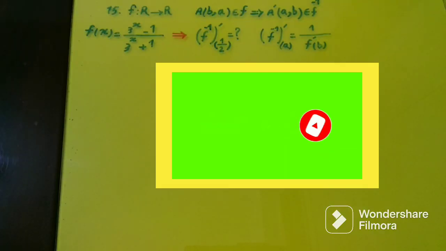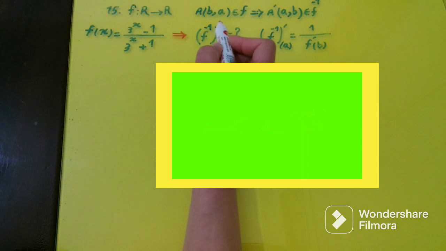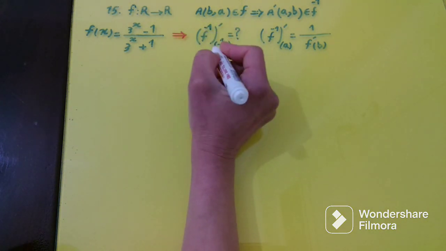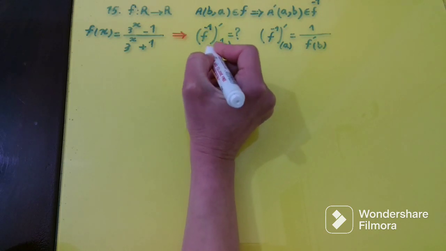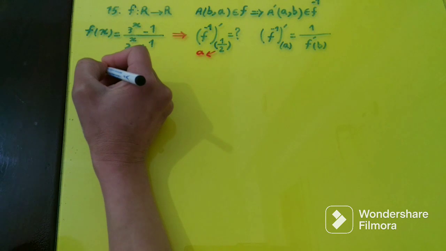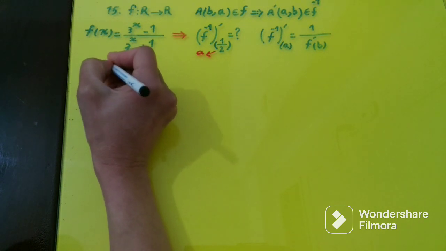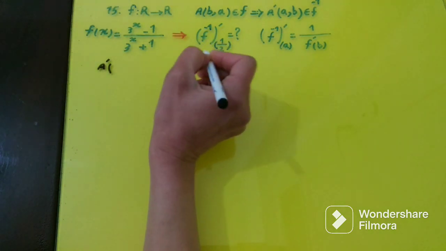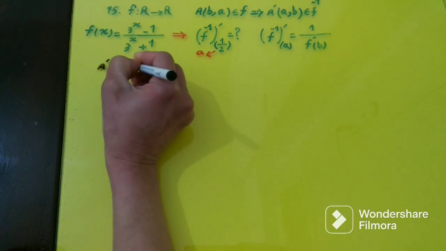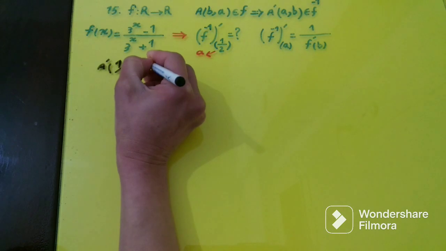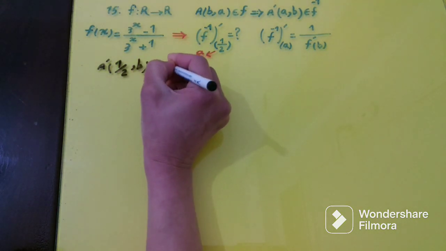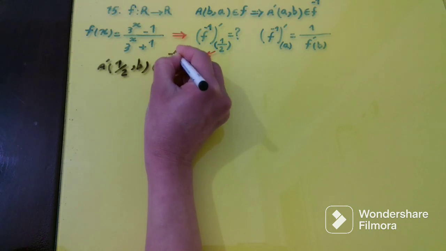Okay guys, in this example we should find the derivative of the inverse function at the point 1/2. So 1/2 is a. We can write 1/2 and b belong to inverse f.